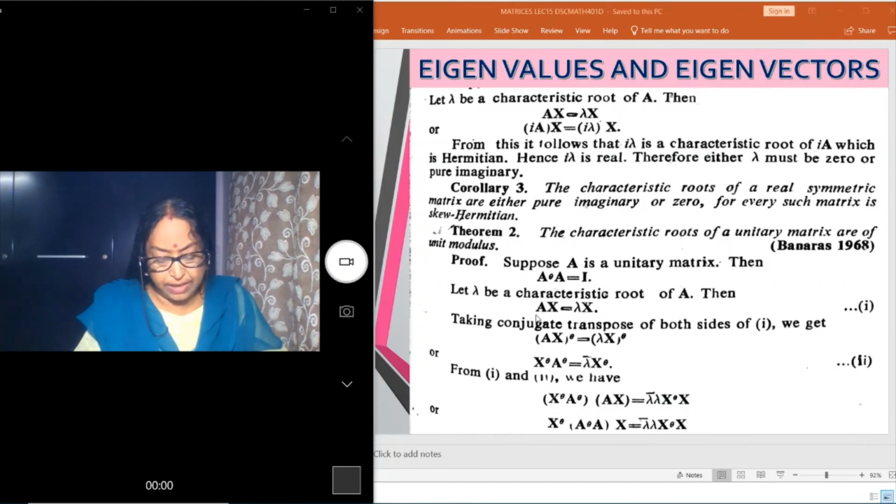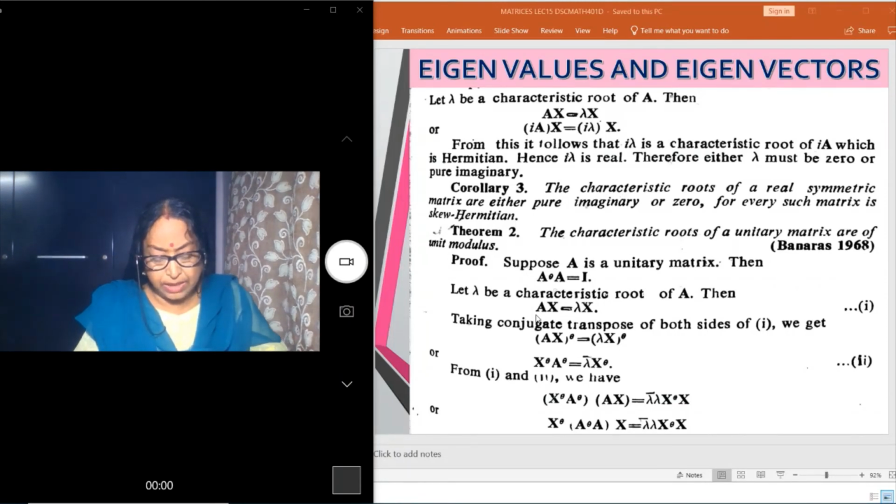Taking conjugate transpose on both sides, x theta A theta is equal to lambda bar x theta.